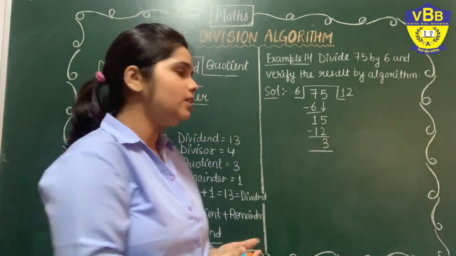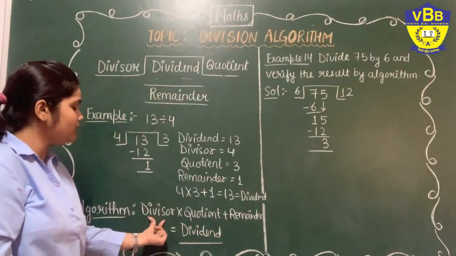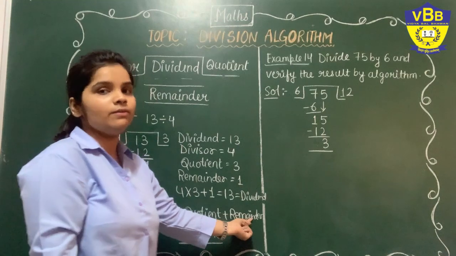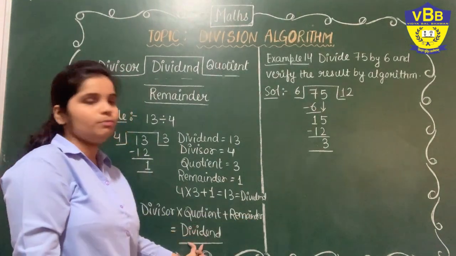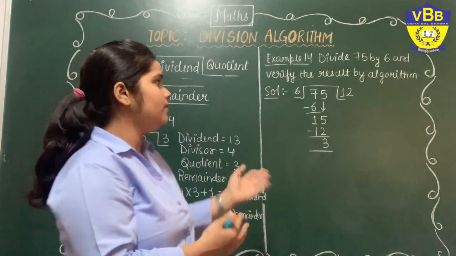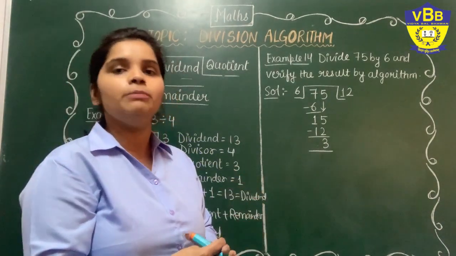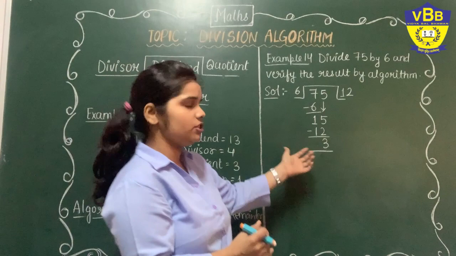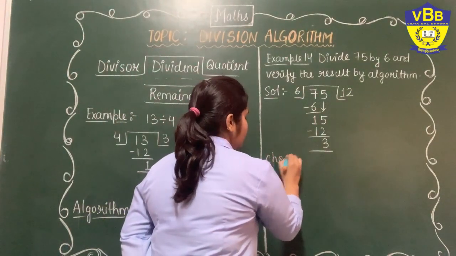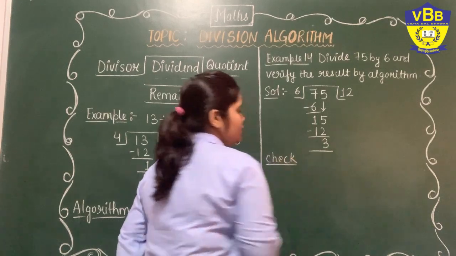We need to check if this division is right or wrong. For that we will use the division algorithm, that is divisor multiply quotient plus remainder. When we solve this, the answer should be equal to the dividend. If it comes equal to the dividend, it will be verified, otherwise your division is wrong. So let's check our answer.